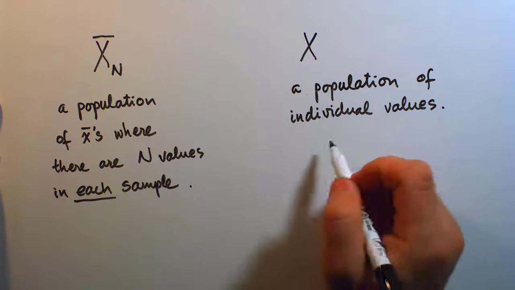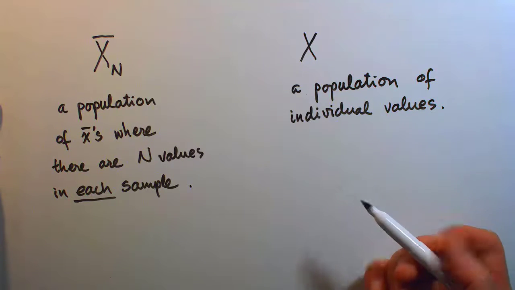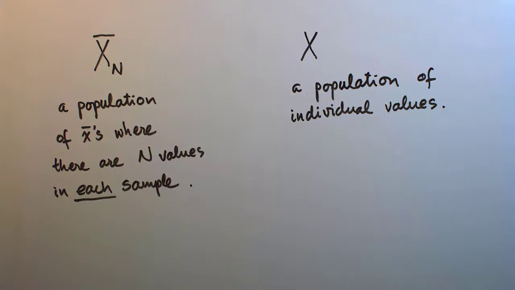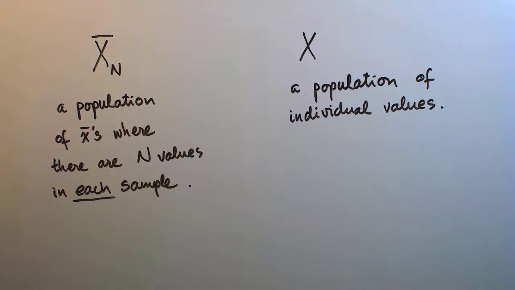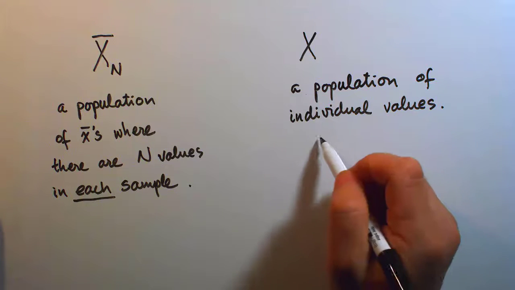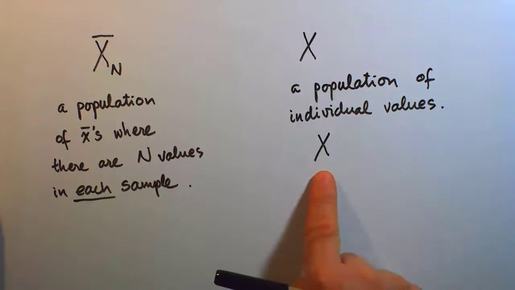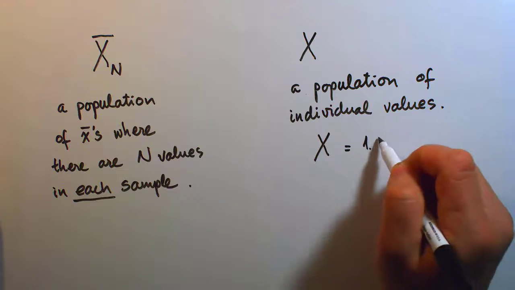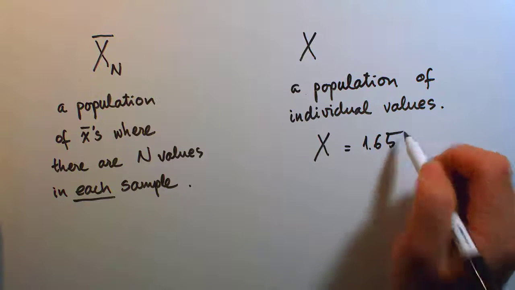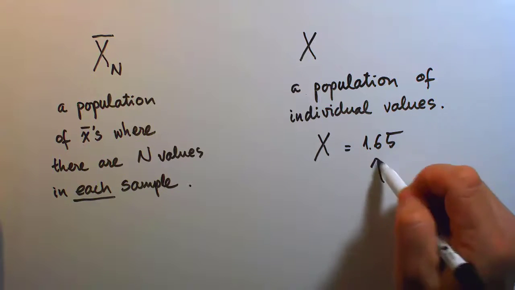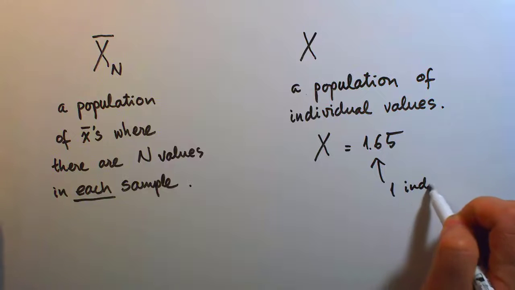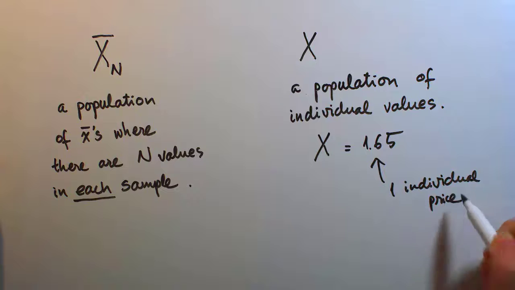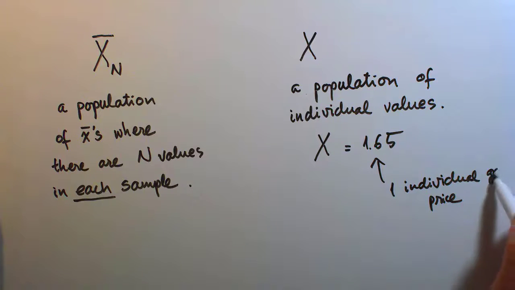So as we're still talking about gas price, and mostly I'm using gas price as the main big example in explaining the concept of a sampling distribution of a mean, when anyone reads capital X, no bar, equals 1.65, this is indicating that this 1.65 here is one individual gas price.